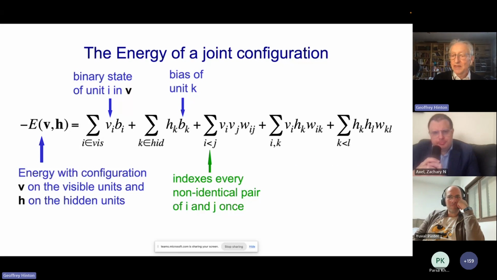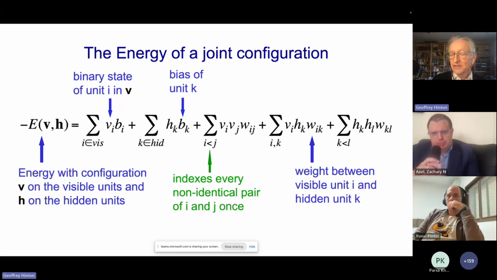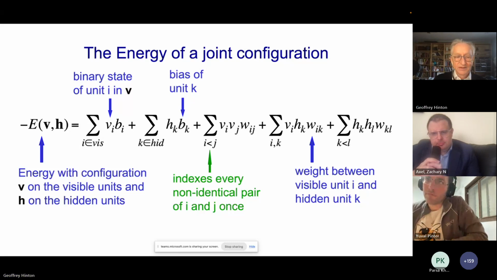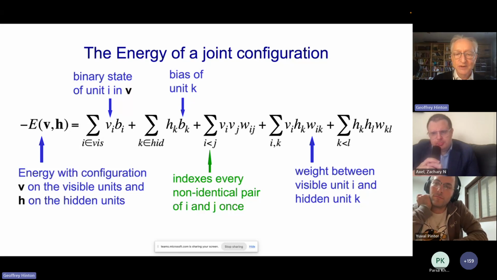And then there's going to be weights, and interactions between visible and hidden units, and interactions between hidden units, and there's going to be a big energy expression like that. And how the system behaves is going to depend on those biases and those weights.